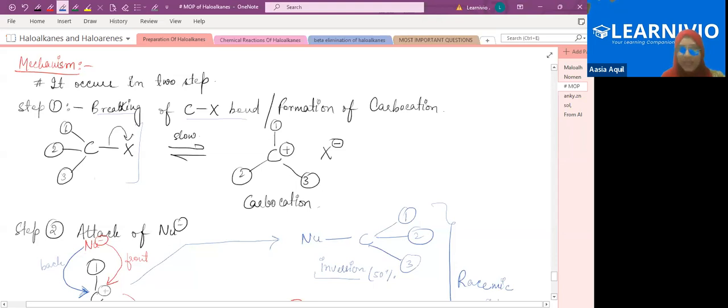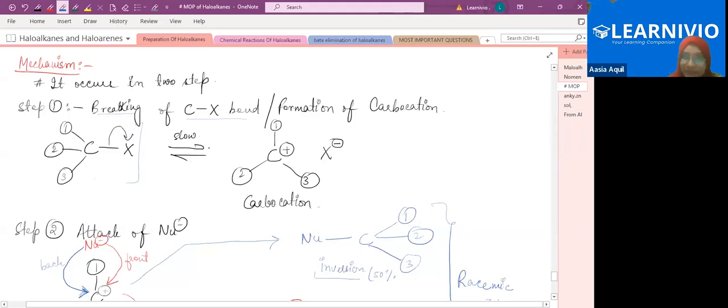I have written 1, 2, 3 because I want to explain something here. So the first step will be the breaking of the C-X bond. When this bond breaks, due to the high electronegativity of halogen, the halogen will acquire a negative charge and this carbon will acquire a positive charge.